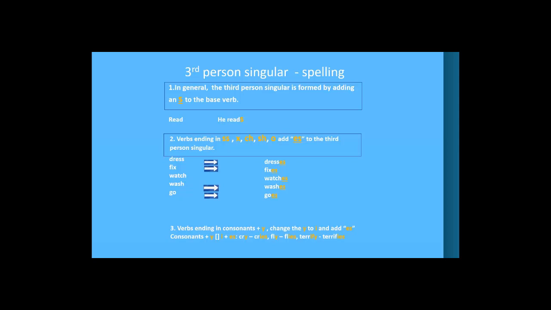I think the I before the F has been highlighted, but that's not got any significance. Okay, so that was some spelling rules, and we're going to look at them in a little bit more detail in the next slide.